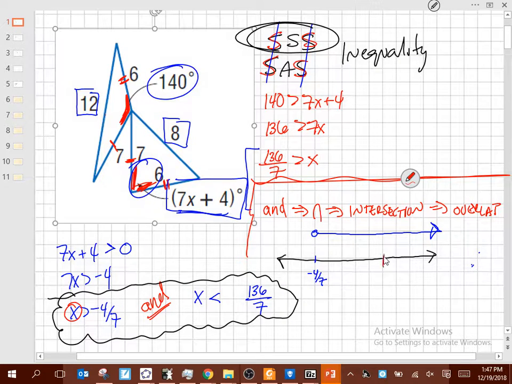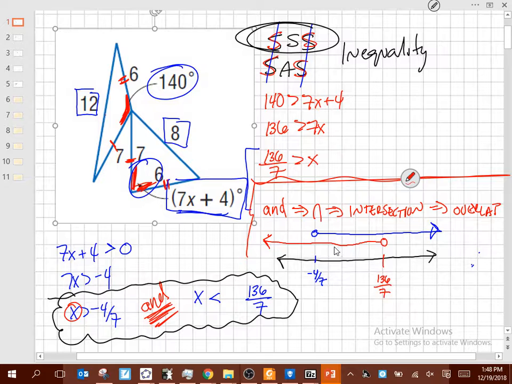I'm going to find 136/7. Maybe it's right there. We know it's to the right of -4/7. And now if I want x to be less than that, we'd be shading that direction. Okay? Now, the word "and" means a value that you choose has to be on the blue and on the red.